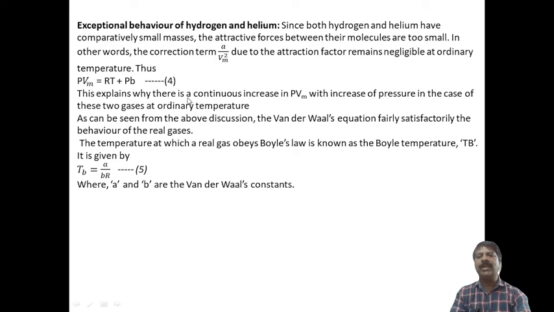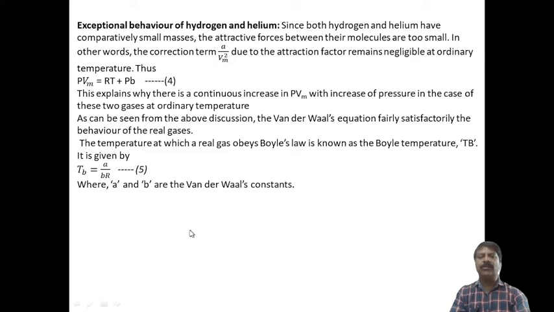This explains why there is a continuous increase in PV_m with increase of pressure in the case of these two gases at ordinary temperature. Even though the pressure increases at ordinary temperature, they always give a positive deviation rather than a negative deviation from ideal behavior.